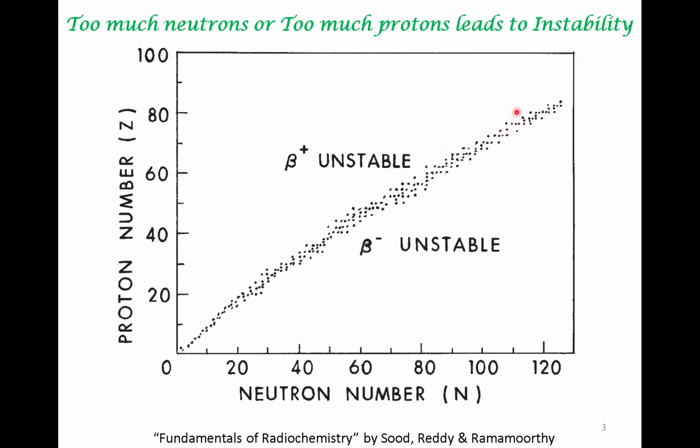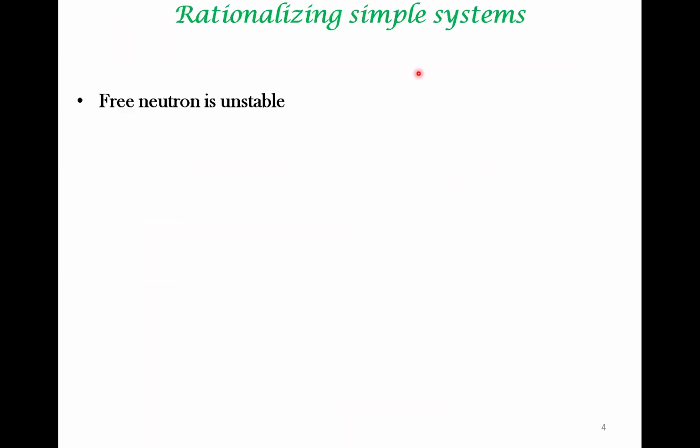For this, we need a more detailed model. But the objective here is to just illustrate that in both these cases, too much neutrons or too much proton leads to instability. We can look at some simple systems so that we reinforce the way we want to be arguing.